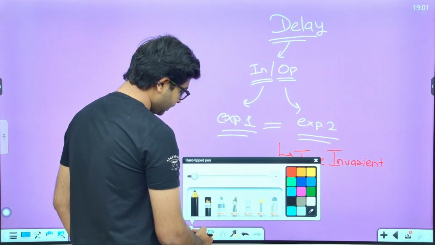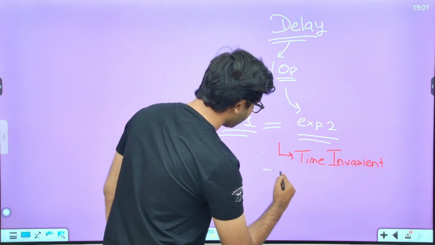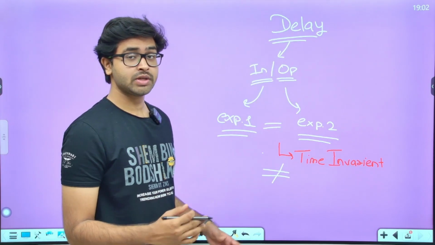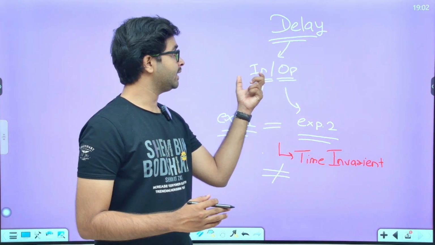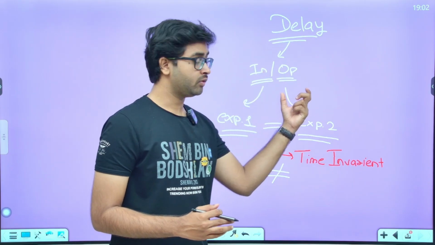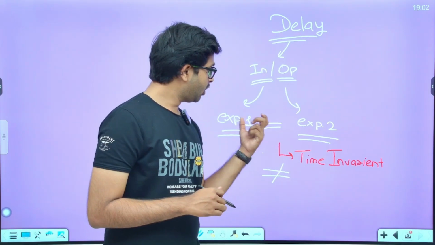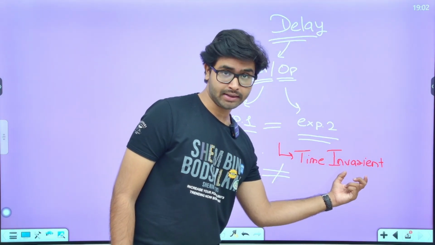And if both the expressions are not equal, that is, by adding delay in input and output we get expression 1 and expression 2, and if both are equal, then it's a time invariant system.